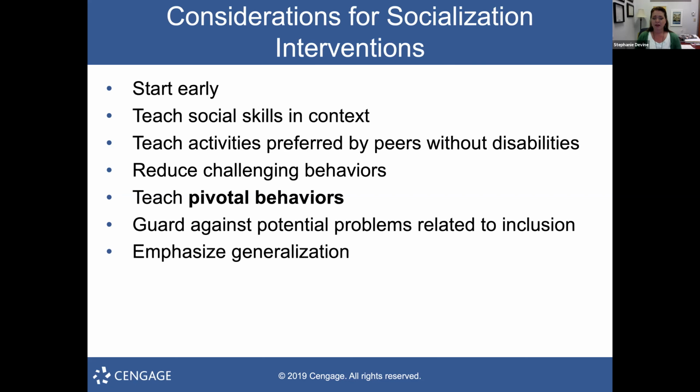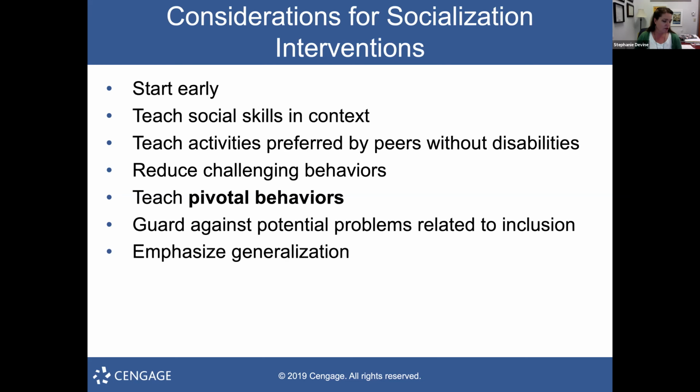So if that is happening, then the para needs to be trained too, to encourage that social interaction with peers and to support that and to fade his or her actual involvement or prompting. Okay, that's really key.